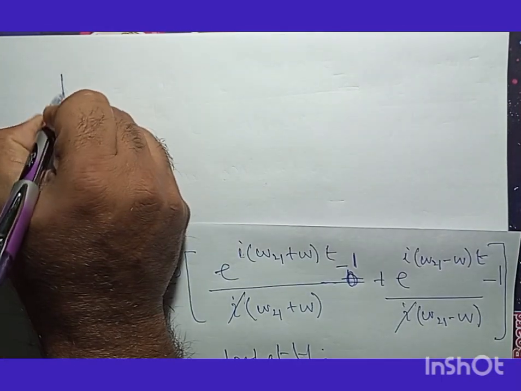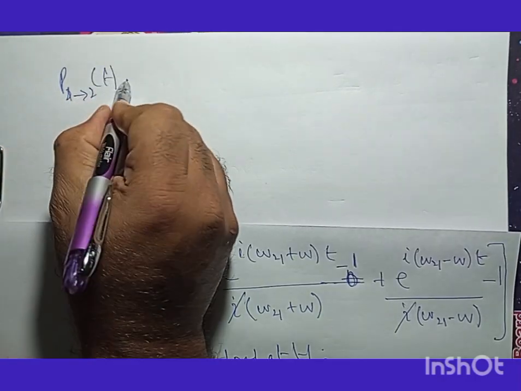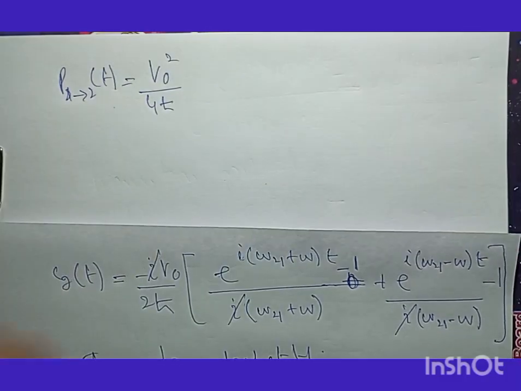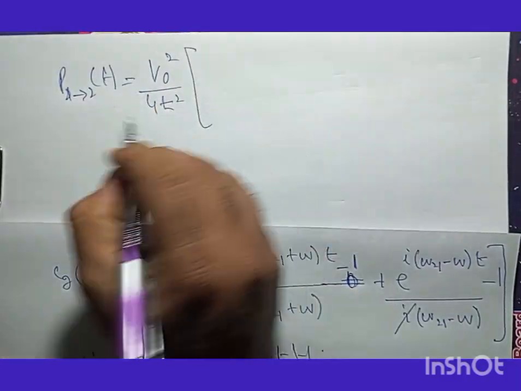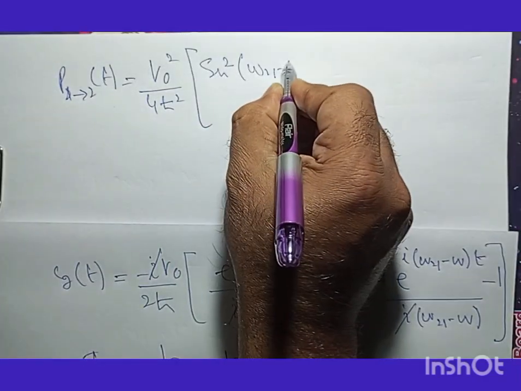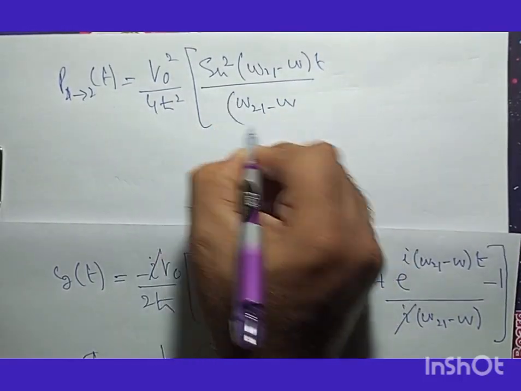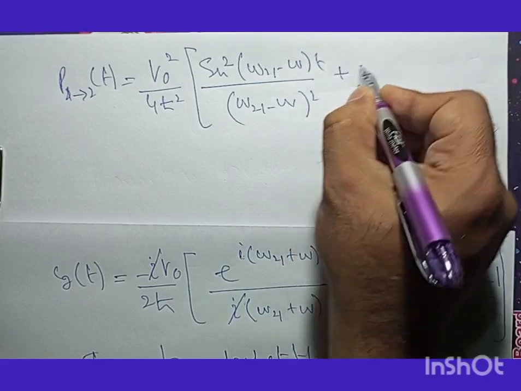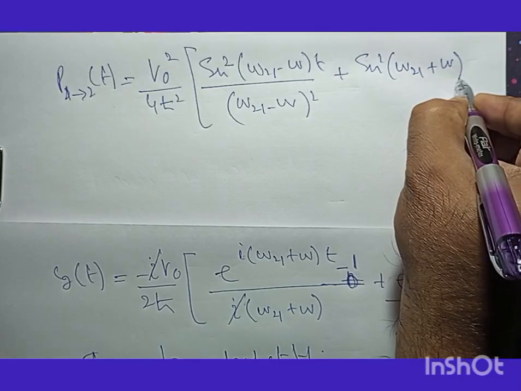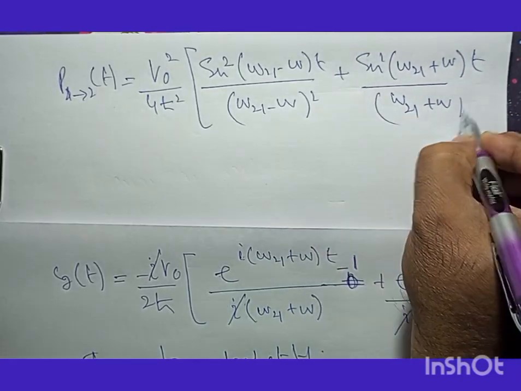So I have P1 to 2 equal to V0 square by 4 h bar square, times sine square of (omega21 minus omega) times t divided by (omega21 minus omega) whole square, plus sine square of (omega21 plus omega) t divided by (omega21 plus omega) whole square.